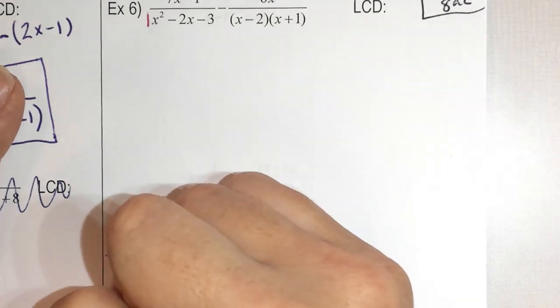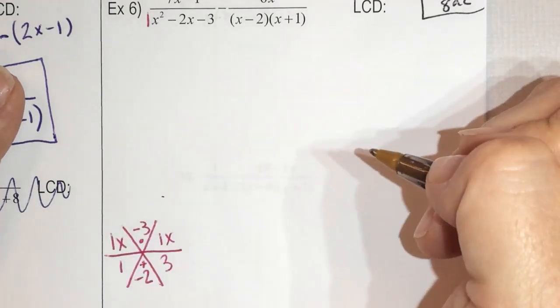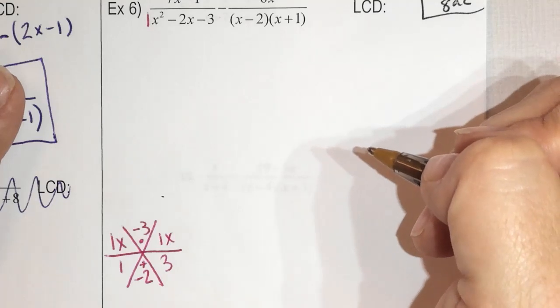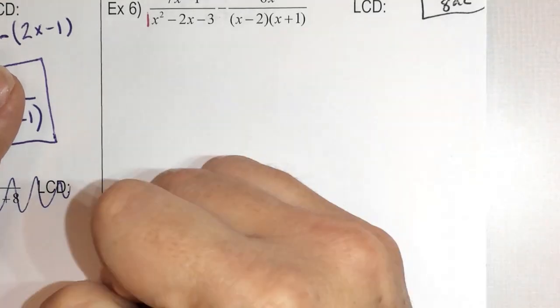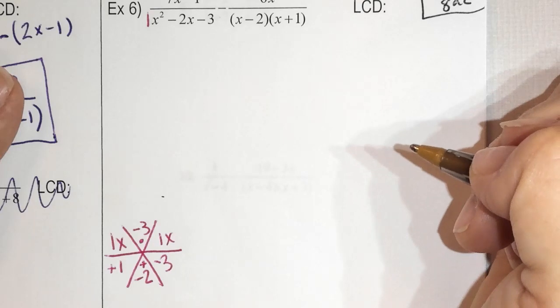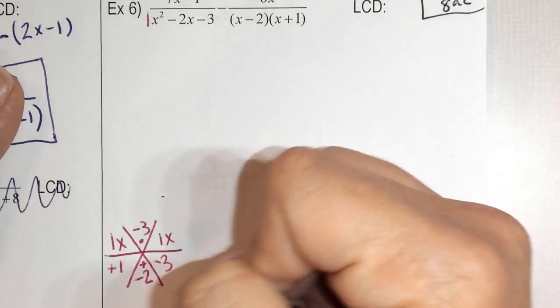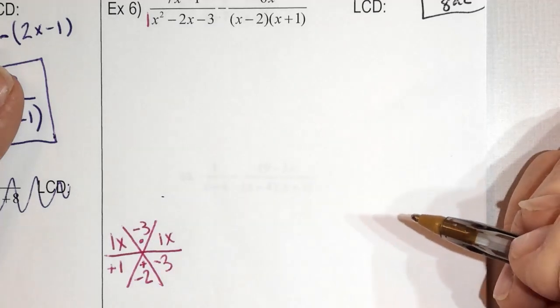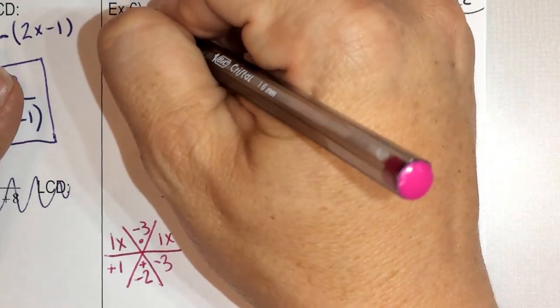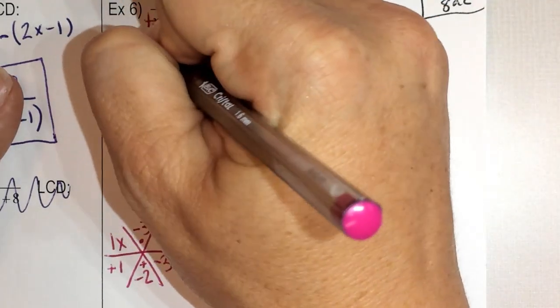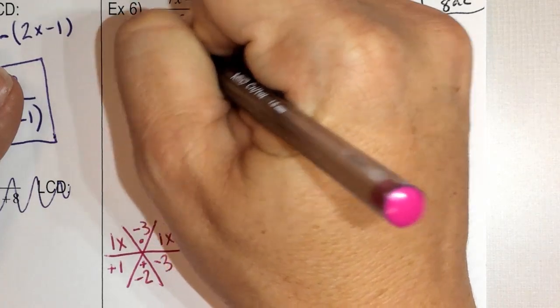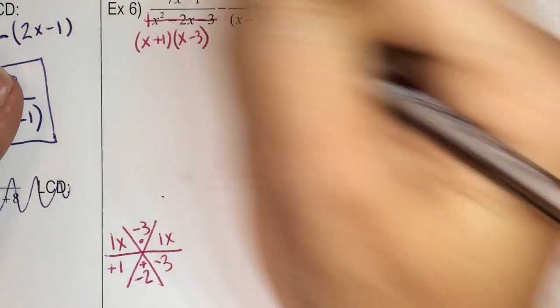Yeah, 1 and 3. So which one has to be negative to add to a negative 2? The bigger one, yeah. Because 1 times negative 3 is negative 3. 1 plus negative 3, or 1 minus 3, is negative 2. So this works. So my factors here are x plus 1, x minus 3.